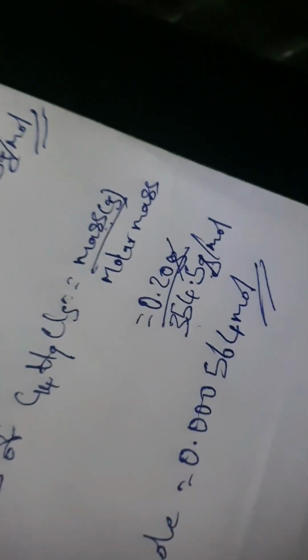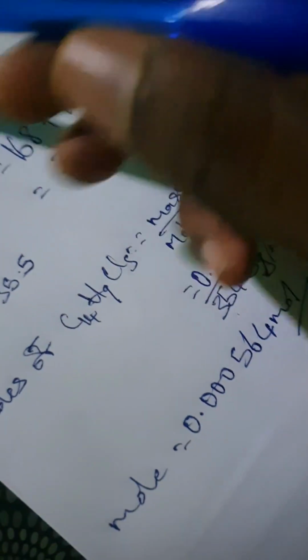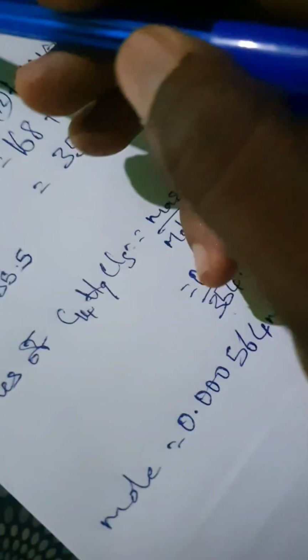So let's find out Avogadro's number, because it asks for the number of chlorine atoms. So let's find the chlorine atoms.